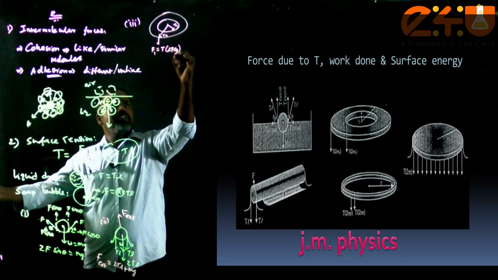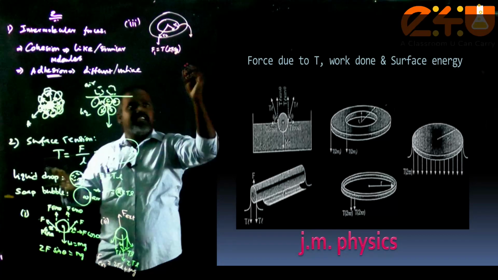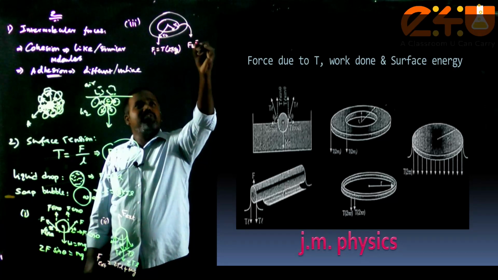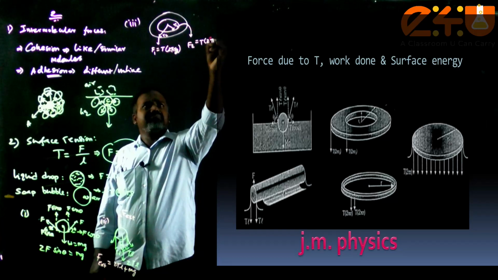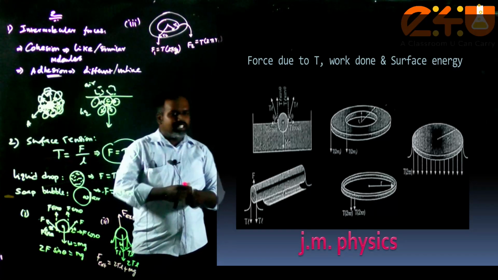Here that is taken to be R2. Now for this surface I can write the same thing: F2 is equal to T into 2 pi R2. So this is the force acting on the annular ring.